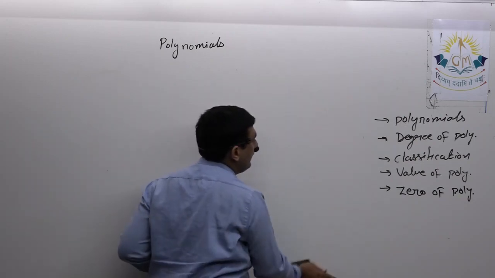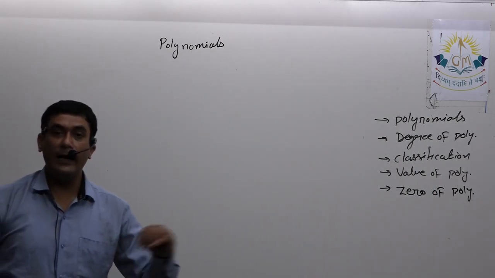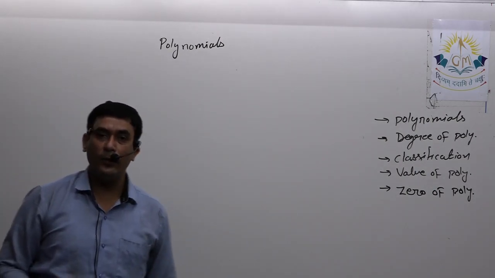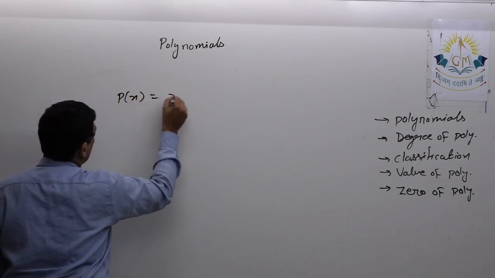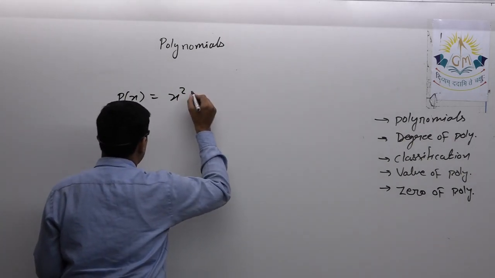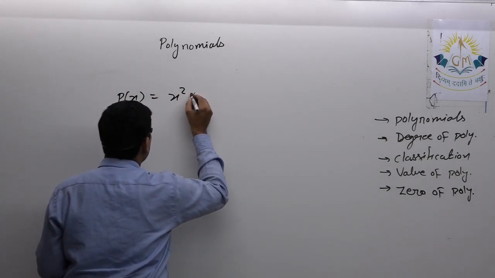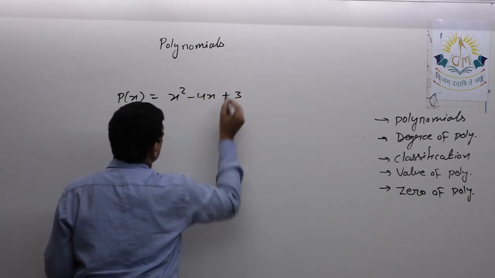Now suppose I say find the zero of the polynomial, that means find that value of x for which the polynomial becomes 0. For example, say I have p(x) equal to x square minus 4x plus 3.